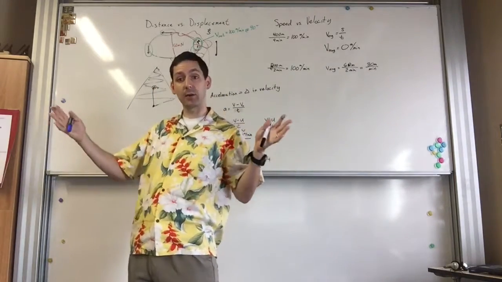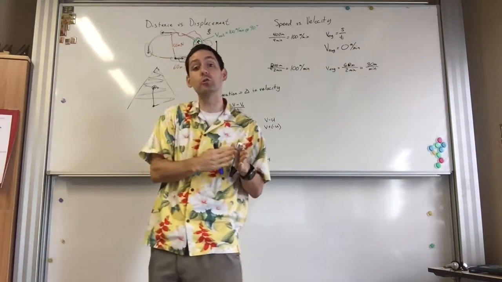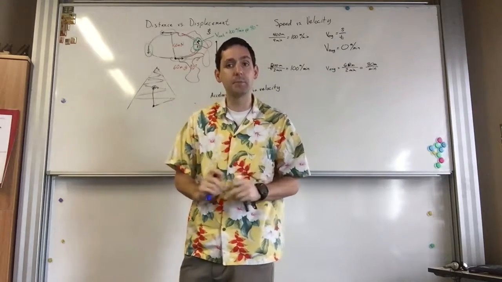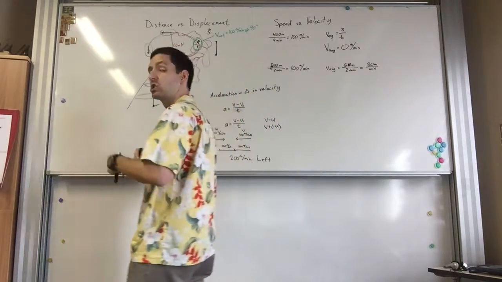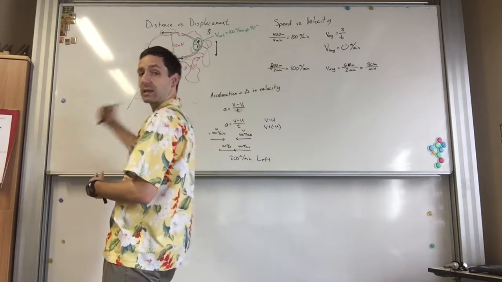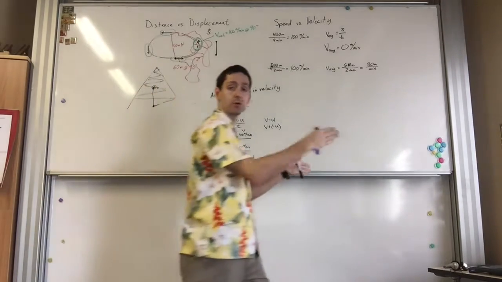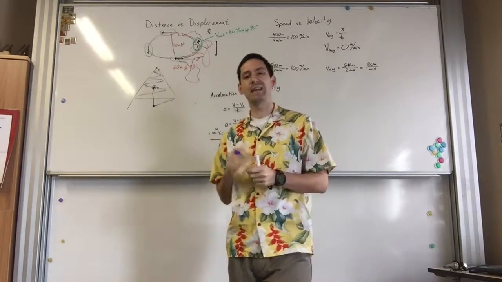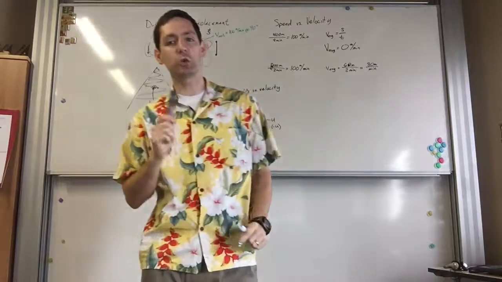So if you have a really big negative number and you become less negative, you're getting closer to 0, which actually means that you are slowing down. I'm still moving to the left, but slowing down. Now, as soon as I stop, if I still have positive acceleration, it's going to make me go more positive, and therefore I'm going to go this direction. Now I'm going to speed up. So it's important to recognize that acceleration doesn't tell you which way you're moving.